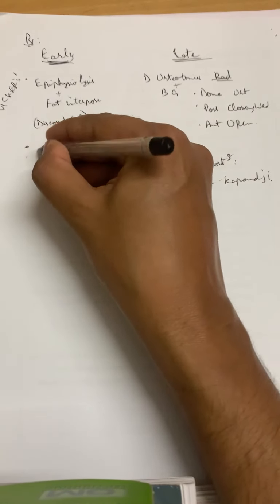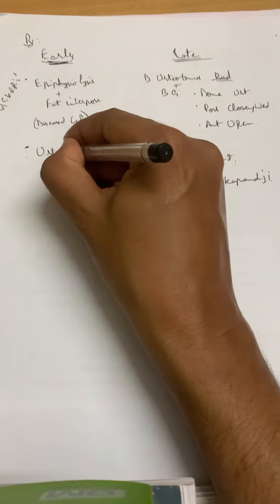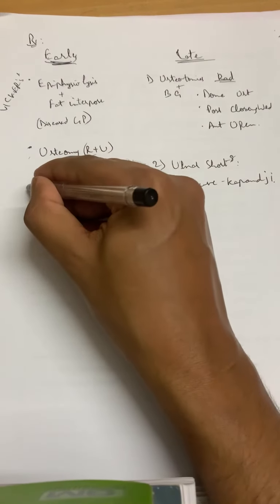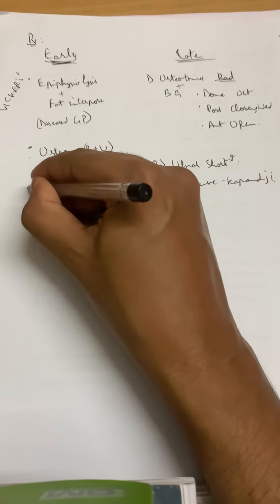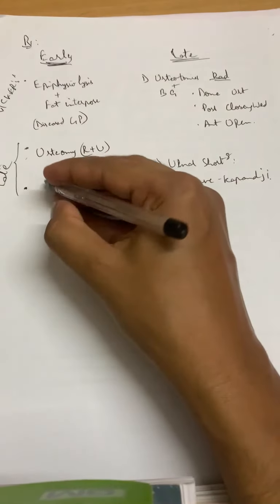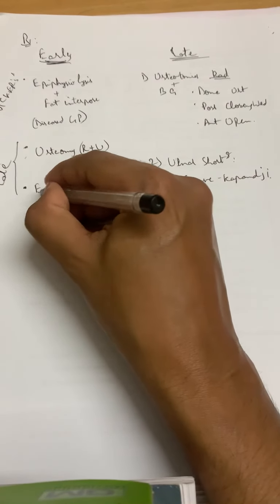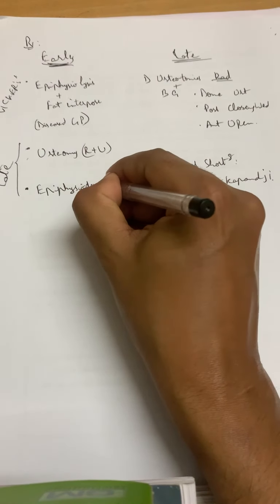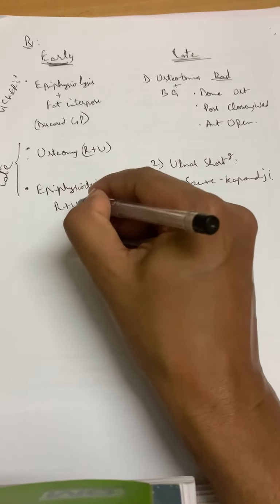So what is the osteotomy? Combined osteotomy of the radius and ulna, okay. Or one more procedure you can do, for late presentation, you can just fuse all the epiphyses, that is called epiphysiodesis of both radius and ulna.